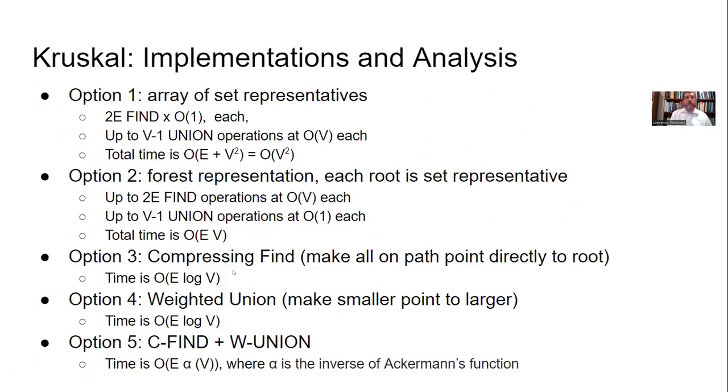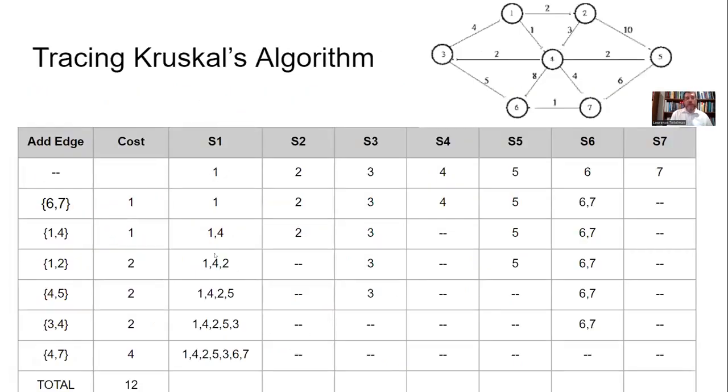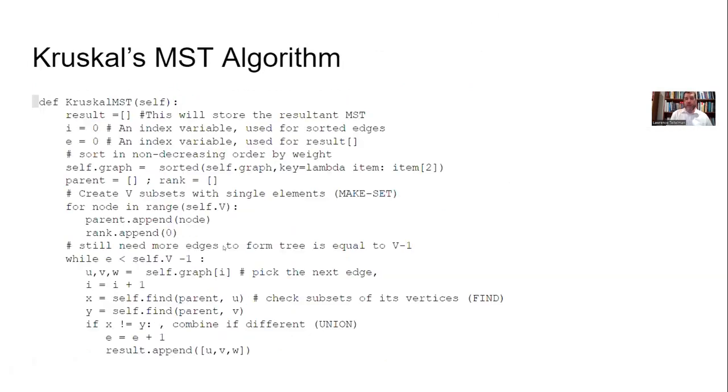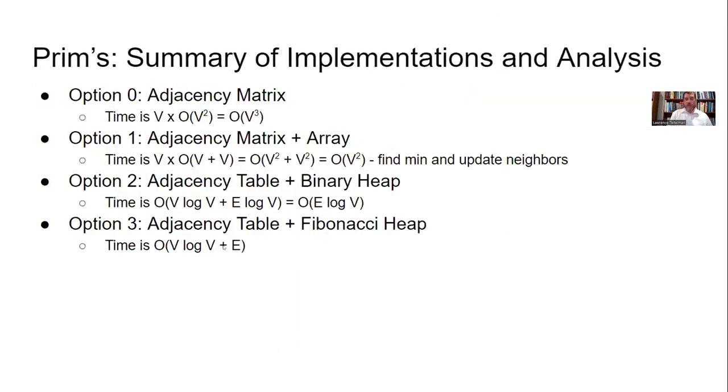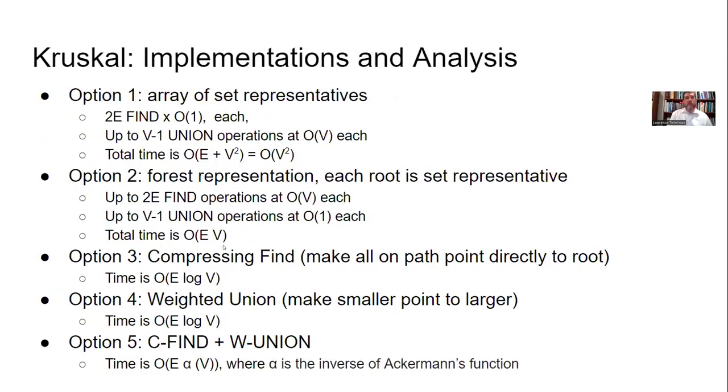So that's what this first option is. We have an array that keeps track of what set each thing belongs to. And find is very fast. Why is find fast? Because for each item, I just look at what is its corresponding representative. So that's actually pretty fast.